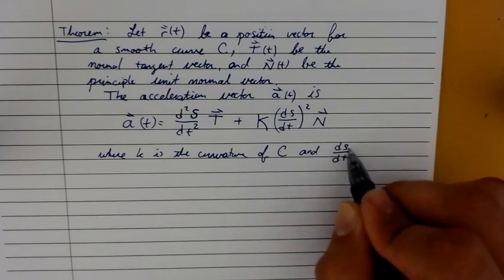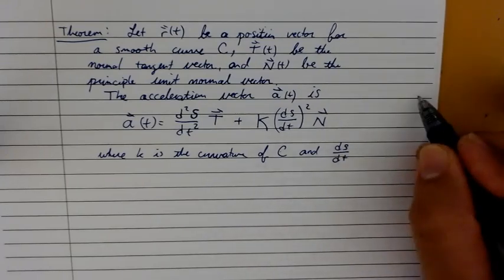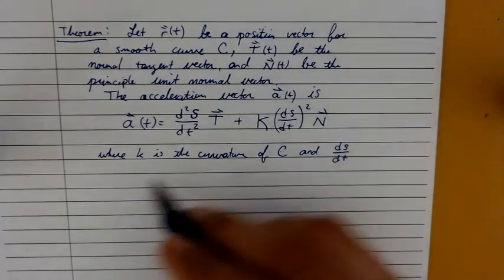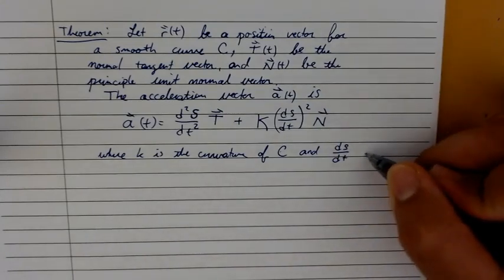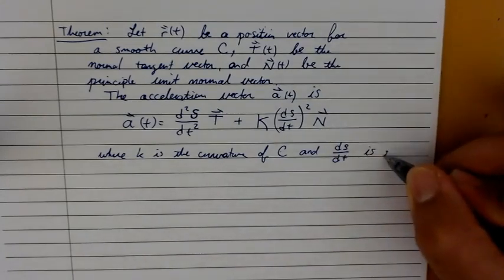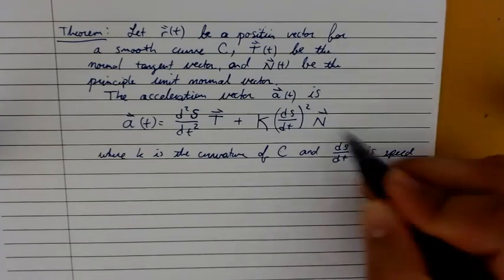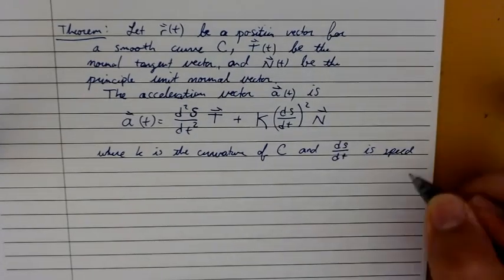It would be the change in arc length over time. So how much of this arc length have I taken in 1 minute? Oh, that's my speed. So where k is the curvature of C and ds/dt is speed. It wouldn't be the change of speed, it would just be the speed. The change in the arc length over time is the speed.